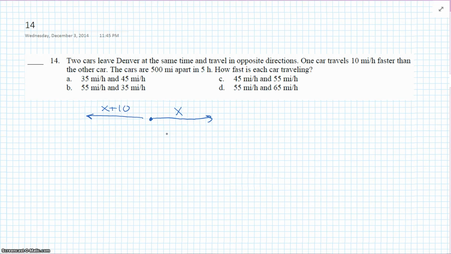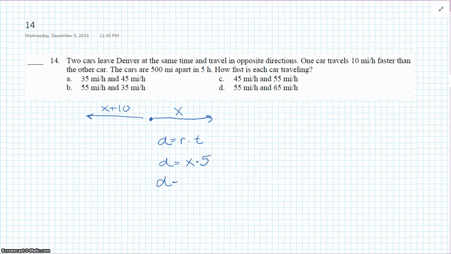So we have distance equals rate times time. Okay, so in 5 hours, let's look at it. The distance the first one had gone would equal his rate, which was x, times 5, because that was the time.